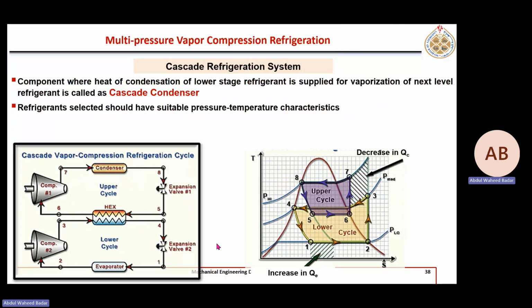It is shown here. Look, if you were using only one fluid, then the process would have been like this one. If there is only one fluid throughout. But now there are two fluids, so that's why this is going like this. This is one fluid and the second fluid is here.